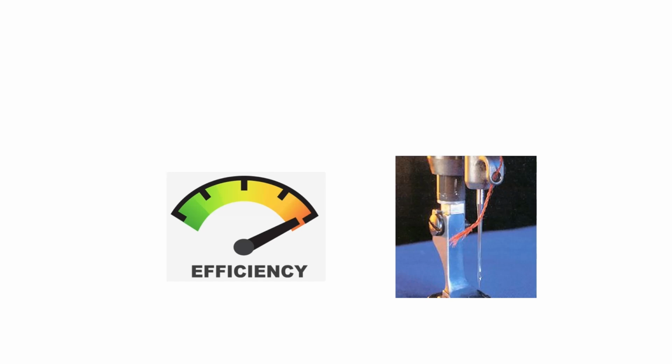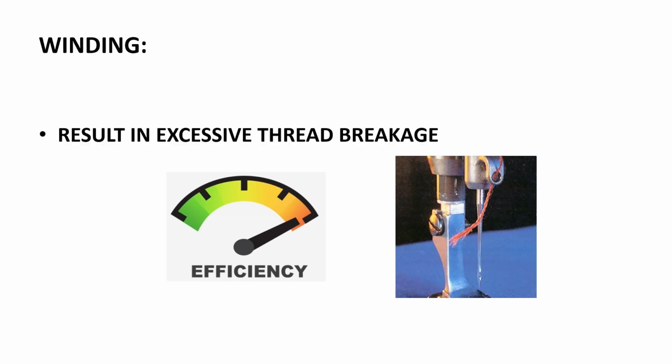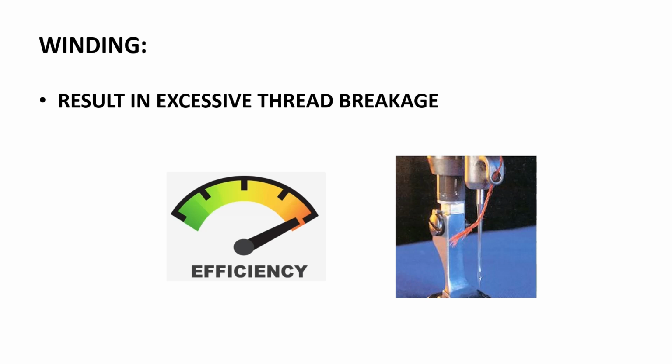Efficiency is getting affected. So winding performance also depends upon the package density, or how much yardage is there in the package. Okay. So if there is a variation, excessive thread breakage may occur. And if excessive thread breakage is there in the sewing operation, then of course the sewing efficiency will be reduced, as has been shown in the figure. So that is the reason we have to control the uniformity in the package.